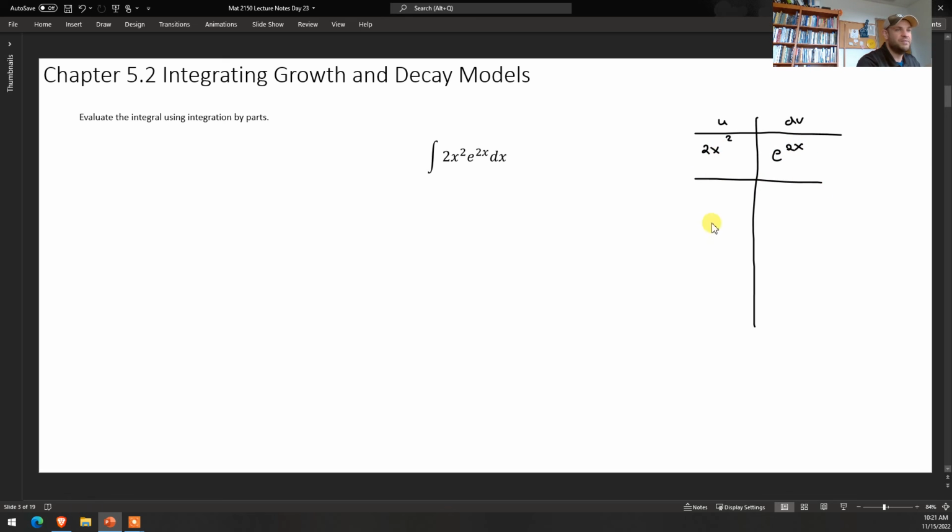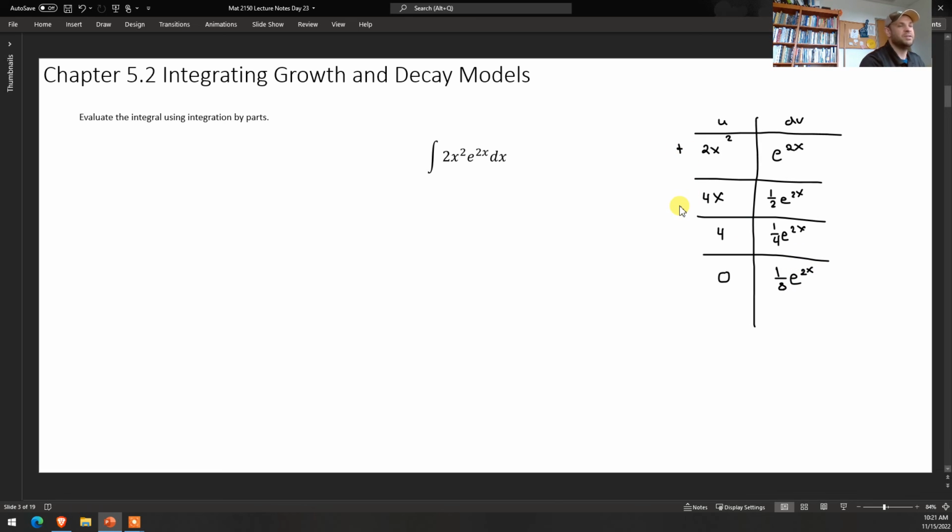Now we compute derivatives down this left-hand side until we get to 0. Let's see, the first we'll get 4x, the next we'll get 4, and next we finally get to our 0. So now let's do our integrations. We first get 1/2 e to the 2x, 1/4 e to the 2x, and then 1/8 e to the 2x.